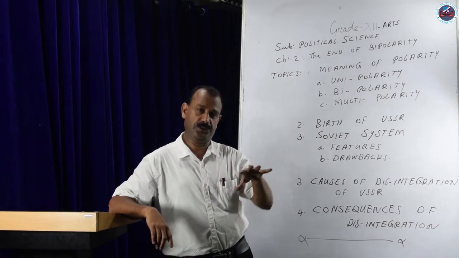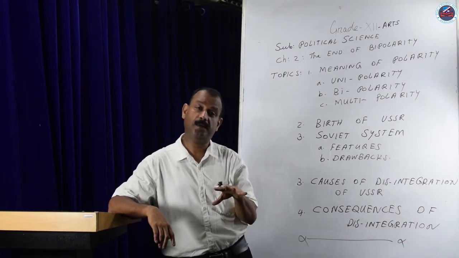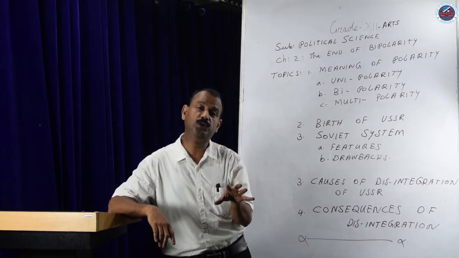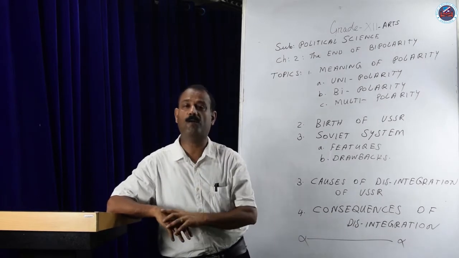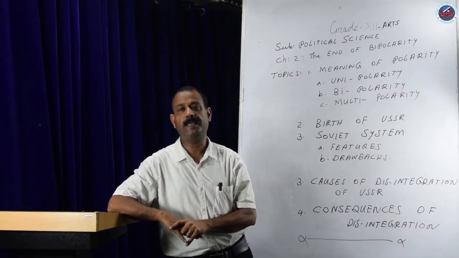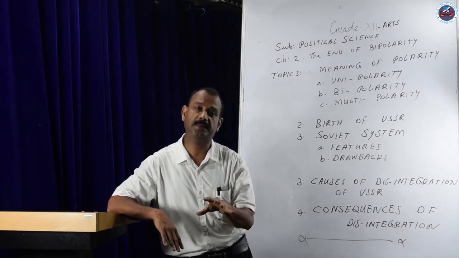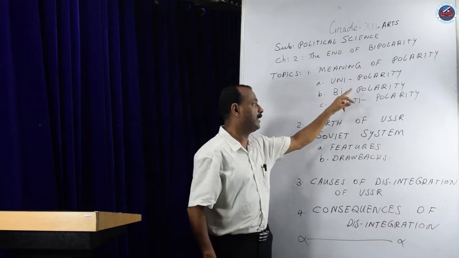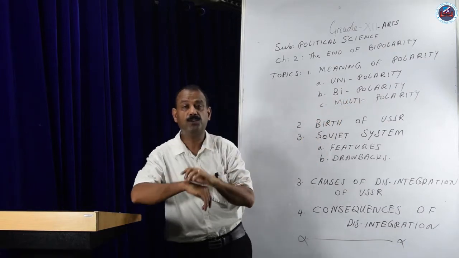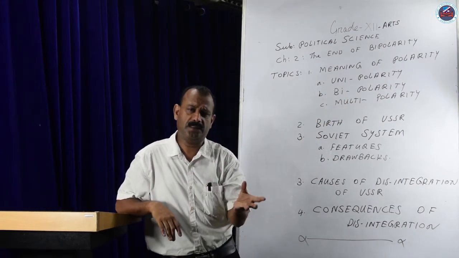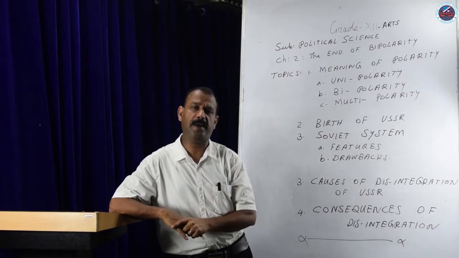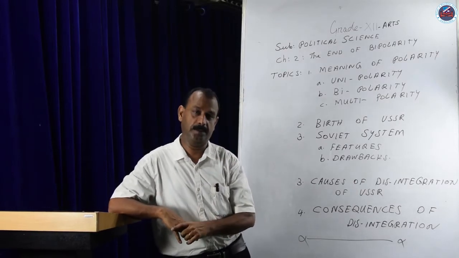Such a condition or order, where the whole world is dominated by two powerful states, is known in political science as bipolarity. Bi means two. In class 10 or the lower classes you have learned in mathematics, binomial means two.